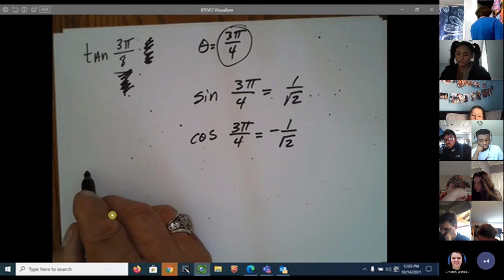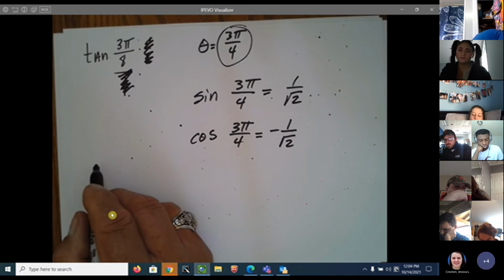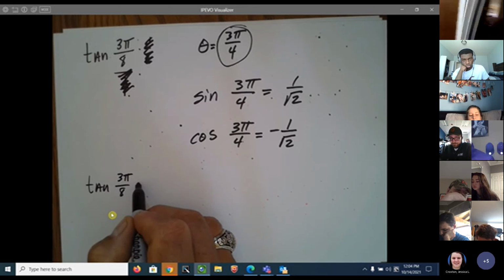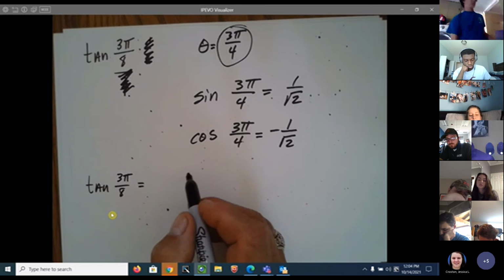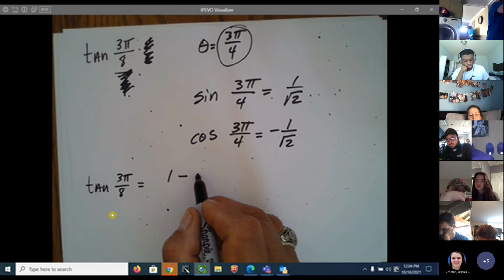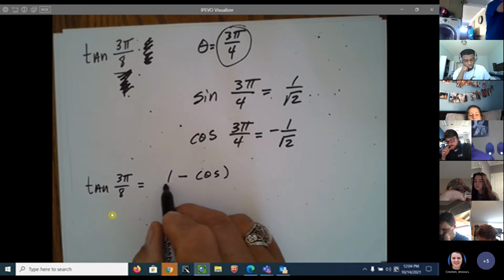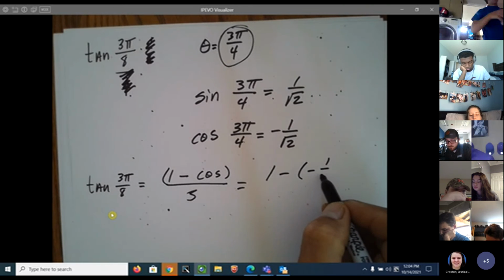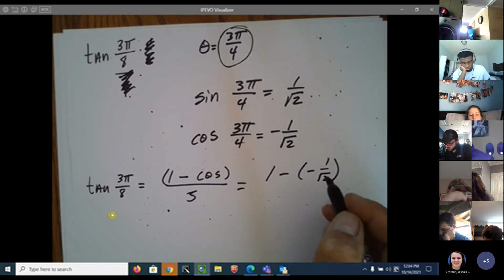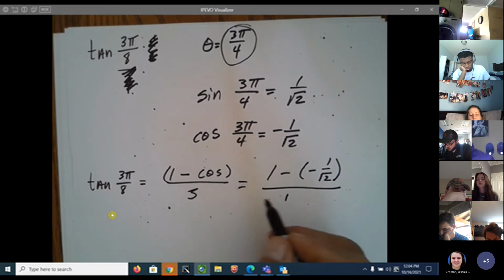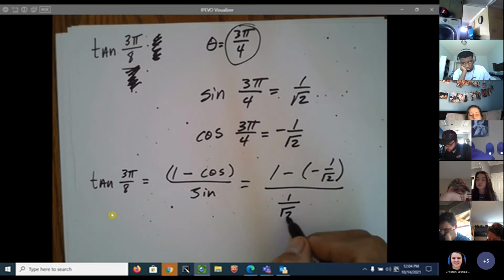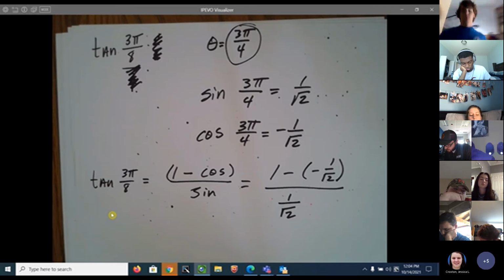Therefore, you can rewrite the tangent of 3 pi over 8 as 1 minus cosine over the sine, which is 1 minus a negative 1 over square root of 2, over 1 over square root of 2. And now you just do your math.